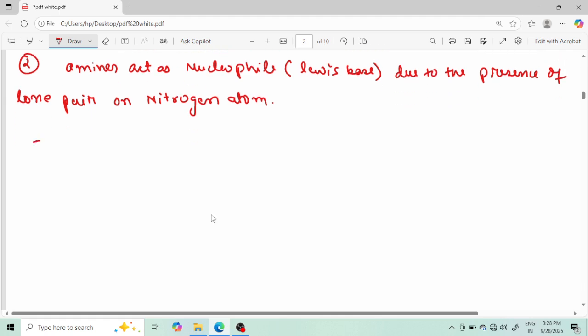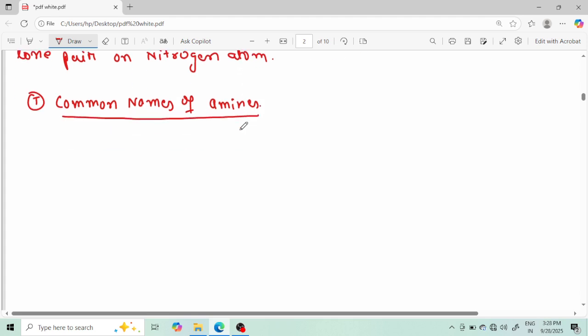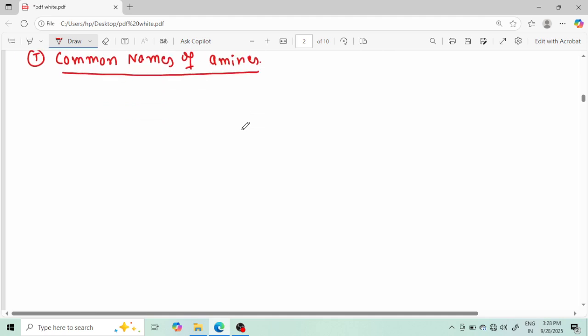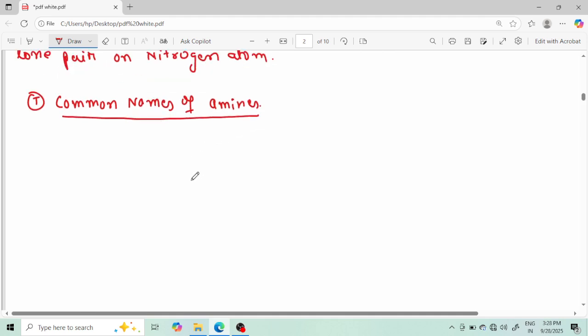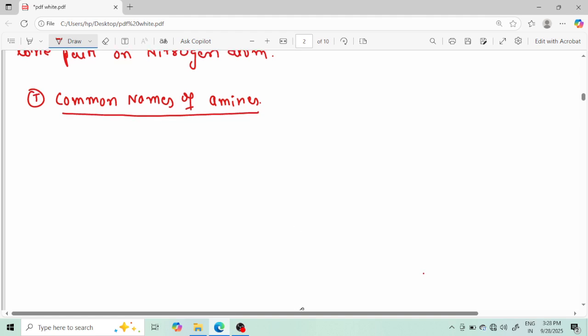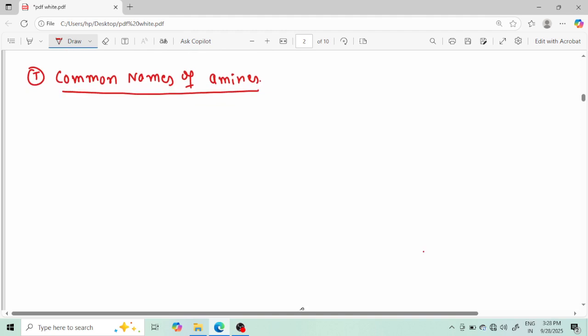Next topic heading, common name of amines. Here we will be doing the common name of amine. Common name questions are not asked directly, but they are asked in chemical reactions. So let's do that.